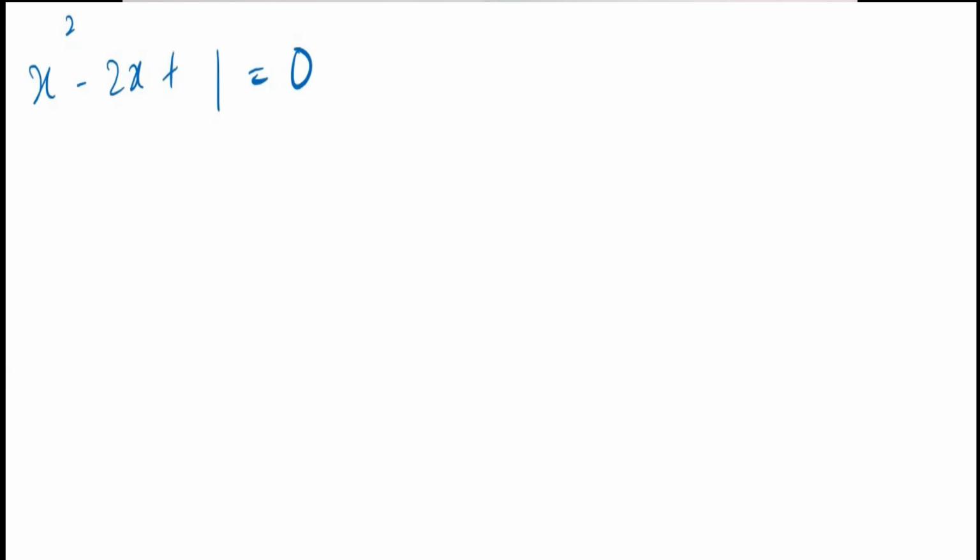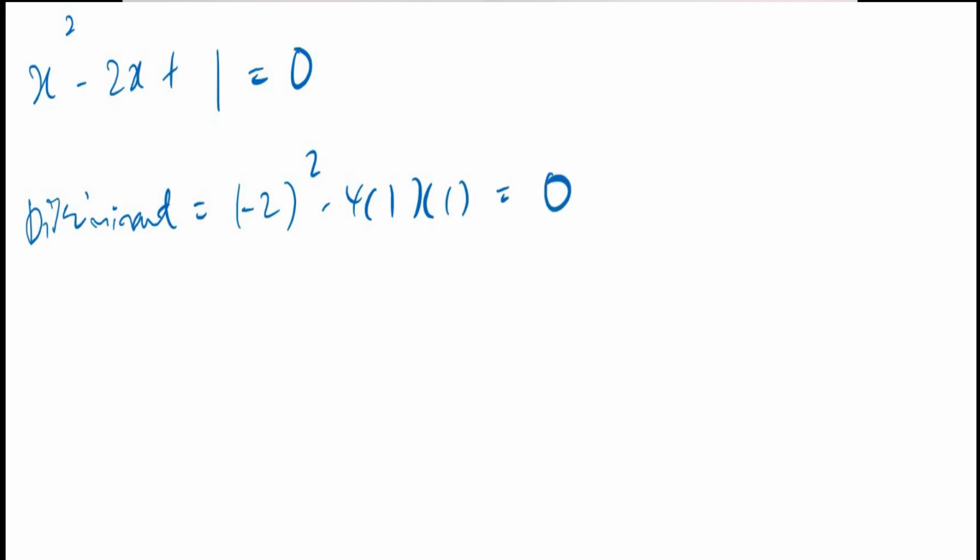And now let's look at example number 3, where we have the equation x squared minus 2x plus 1 equals 0. Same thing, let's find the discriminant first, and putting the coefficients into the discriminant formula b squared minus 4ac, we get the discriminant equal to 0. Hence, we know that there should be only one solution, or two similar solutions.